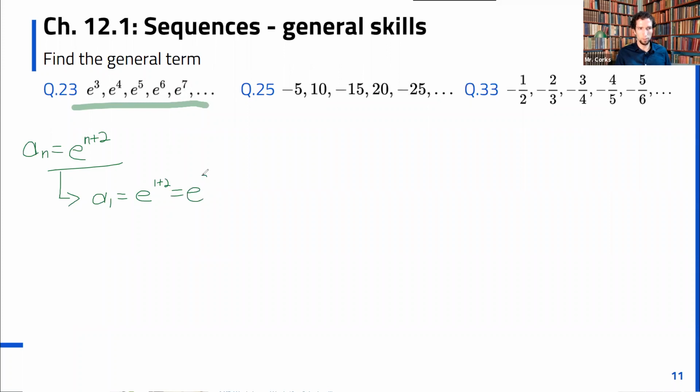So yes, e cubed. That's right. Don't just check one of them. 2 is good. 3 is just a good habit. With just 2 of them, there are definitely mistakes that you could make where it would still be true for 2 of them. But testing 3 is the way to really be certain.